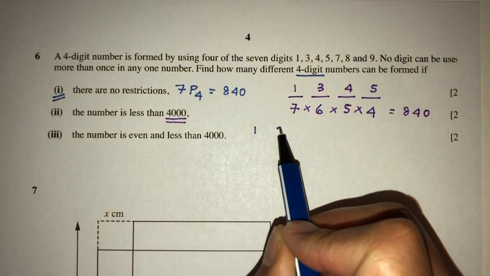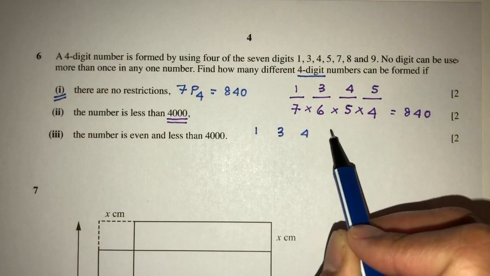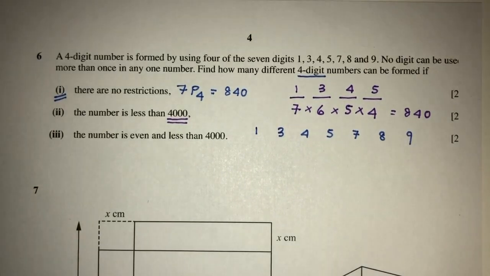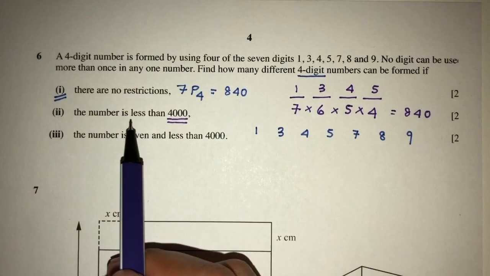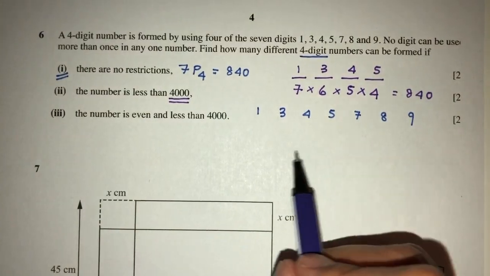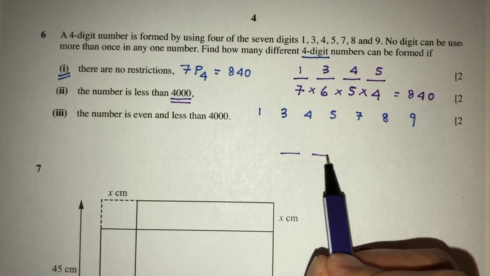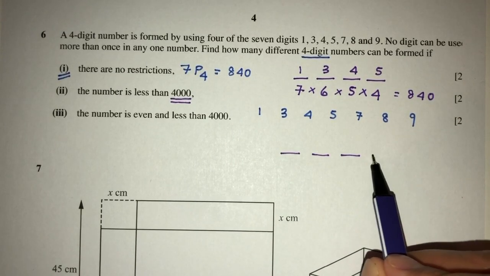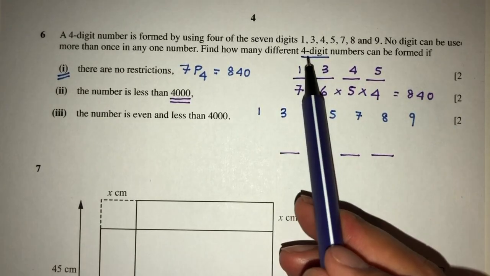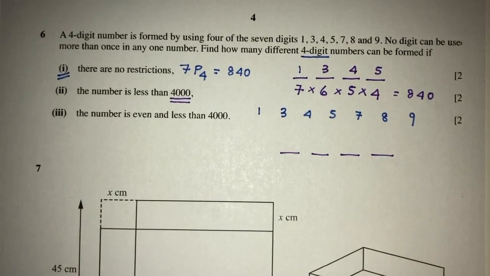We have 1, 3, 4, 5, 7, 8, and 9. Now, for a number to be less than 4,000, again, we are forming a 4-digit number which is less than 4,000. That's the main idea here.